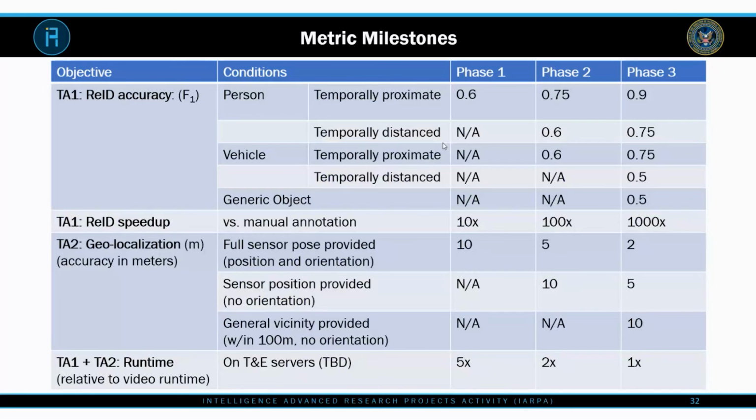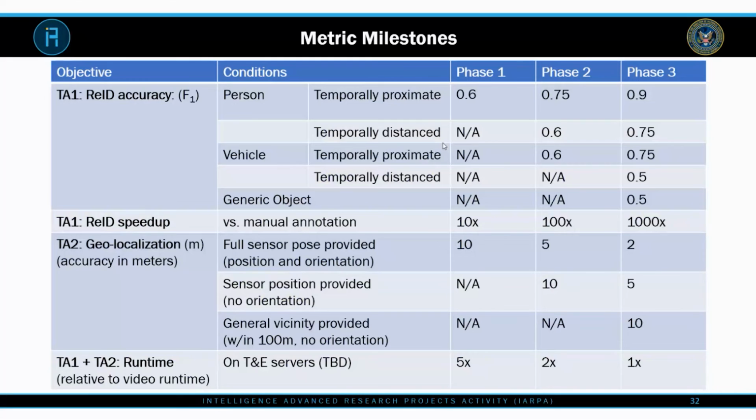For the ReID speedup, we'll be looking at how quickly ReID can be performed by the systems relative to manual operator annotation, and that will increase by an order of magnitude in each phase. And for geolocalization, again, we're looking for tighter, better geolocalization throughout the phases when full sensor pose is provided, and then as that is relaxed, they will continue to have tighter bounds as we progress through the phases.